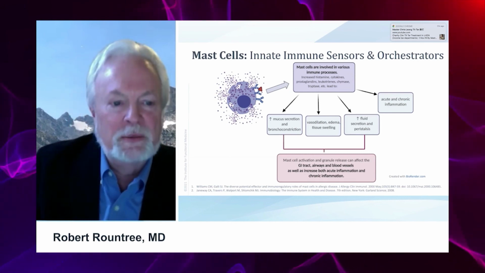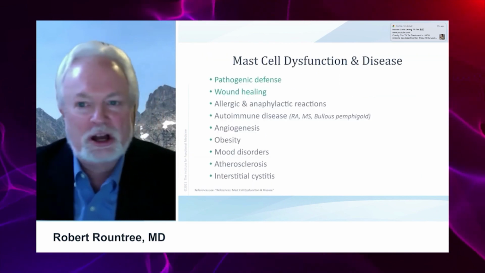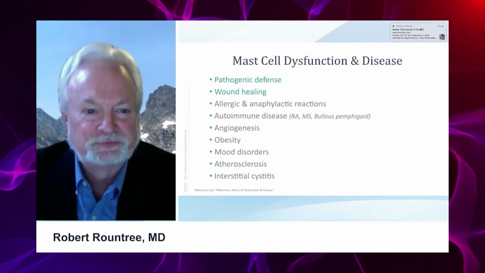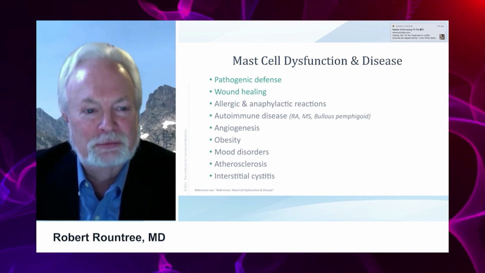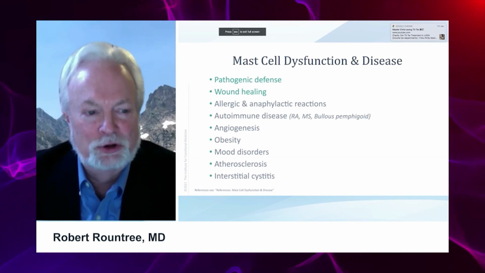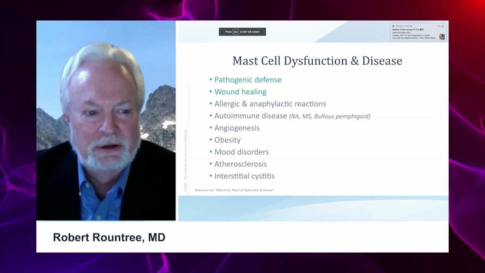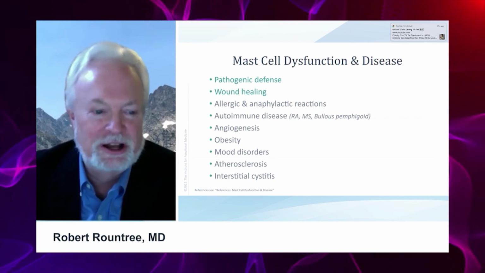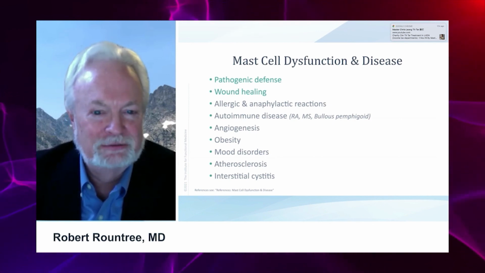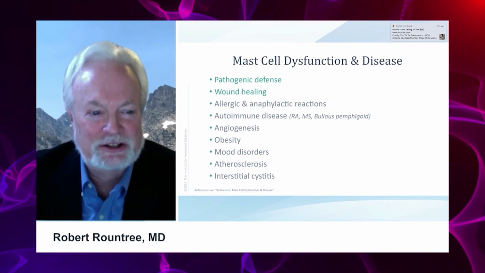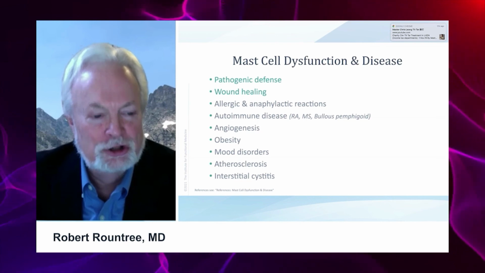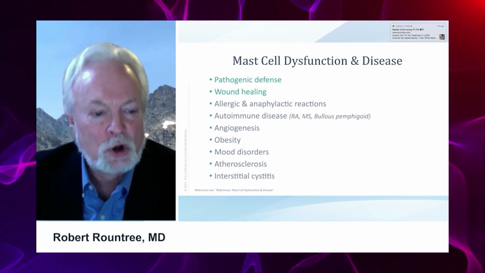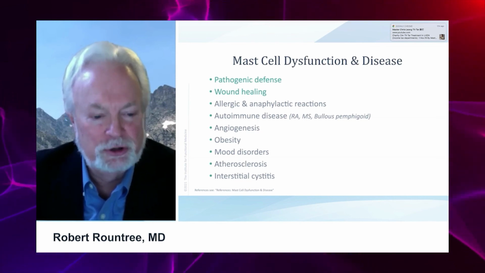But now we know that mast cells are involved in all kinds of other diseases. The basic functions are pathogenic defense and wound healing. That's great. But these others are not necessarily a good thing. Allergic, anaphylactic reactions, autoimmune diseases, angiogenesis for tumors, obesity, mood disorders.